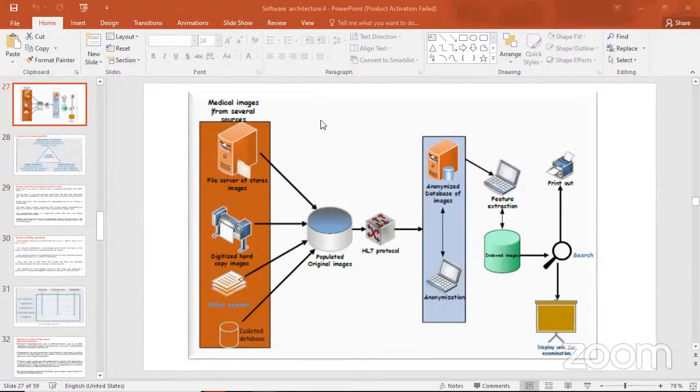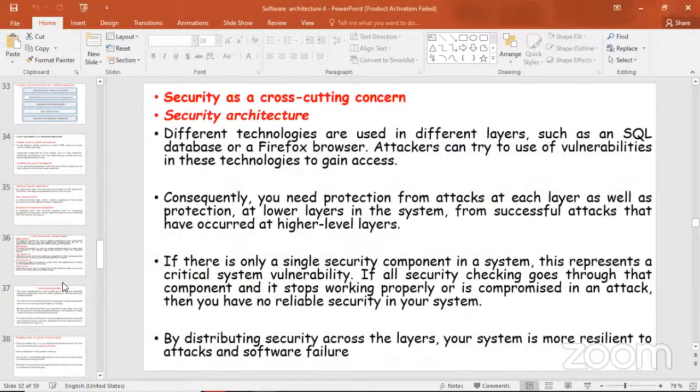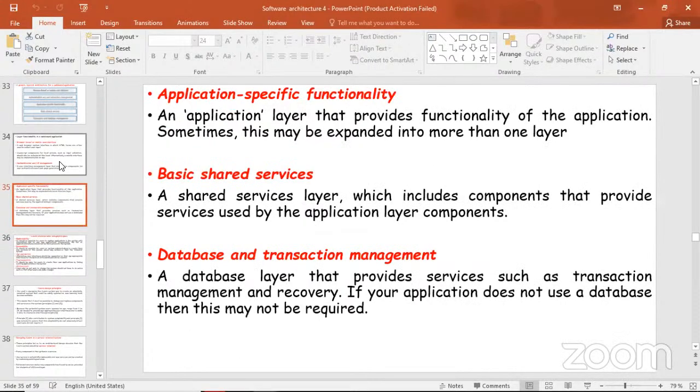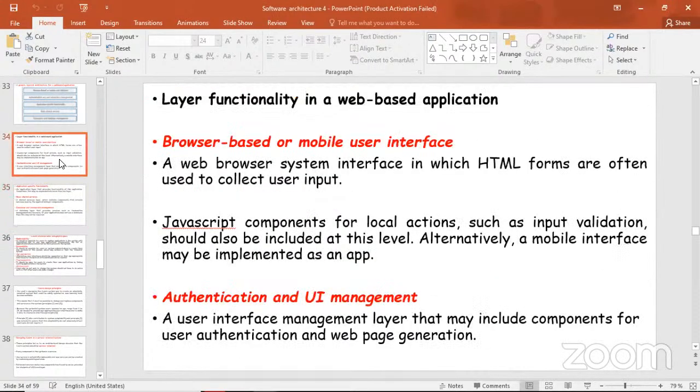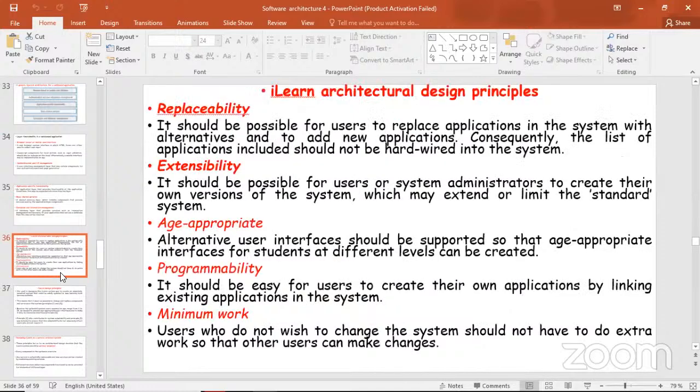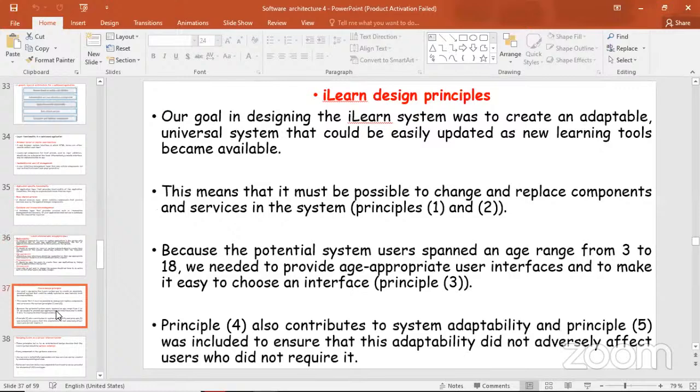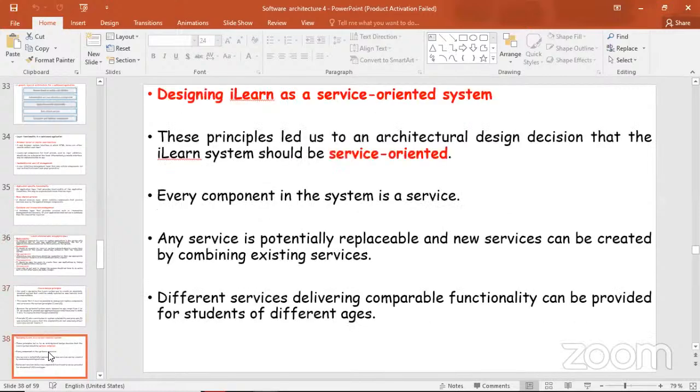So this is the assignment. You write on this architectural framework, on the design principles.